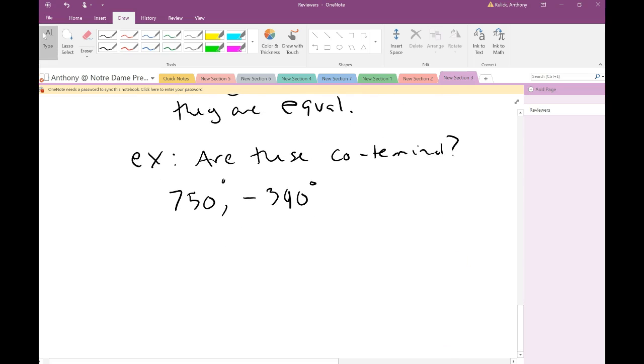It doesn't matter which one I pick. So let's just say we start with negative 390. What I'm going to do is keep adding 360 to it till either I equal 750 or go past 750. If I go past 750, I know that they're not coterminal. If I can make it equal to 750, I know they are.